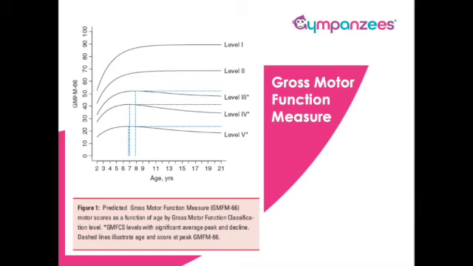But as you can see, for children who walk with aids, so children at level 3 and children who predominantly use wheelchairs at level 4 and 5, their level actually can decline after age 8. And that's because as the children get older and their body mass gets higher, they're putting on weight, they've got longer bones, it can be more difficult for them to move.